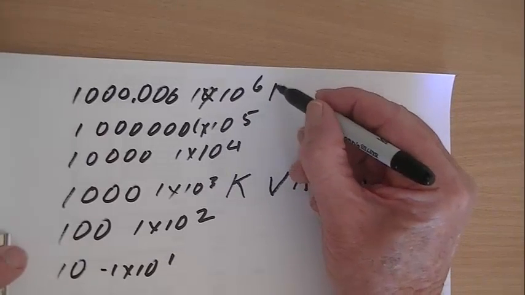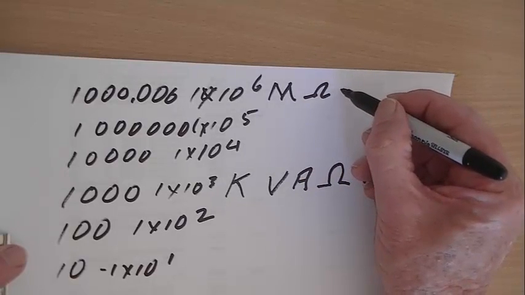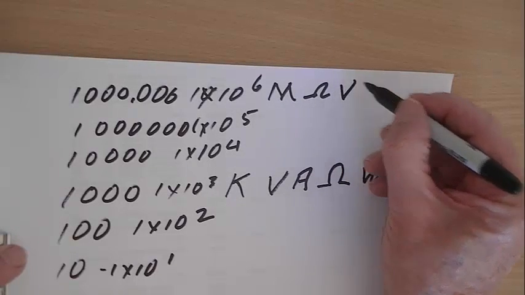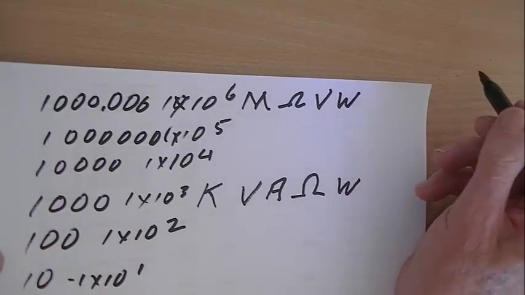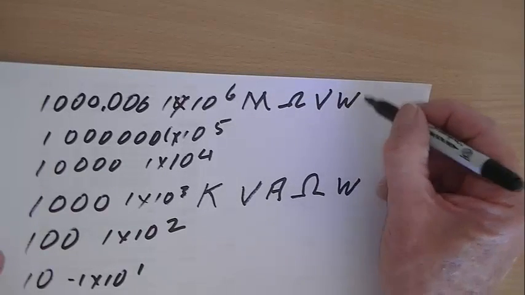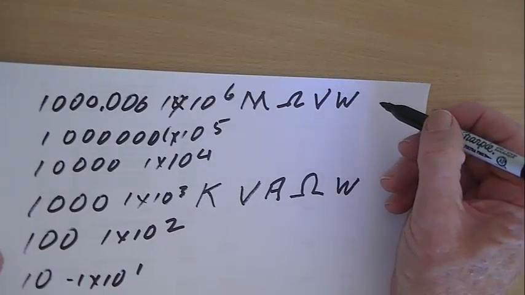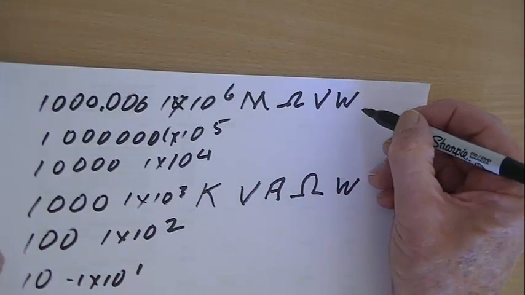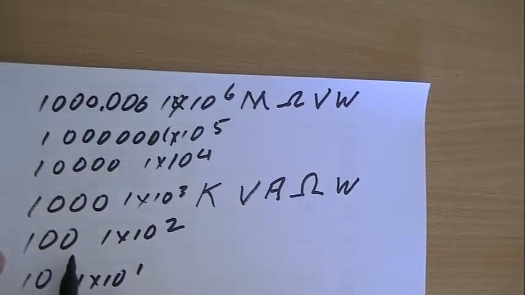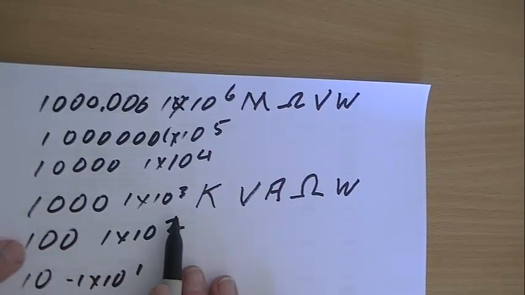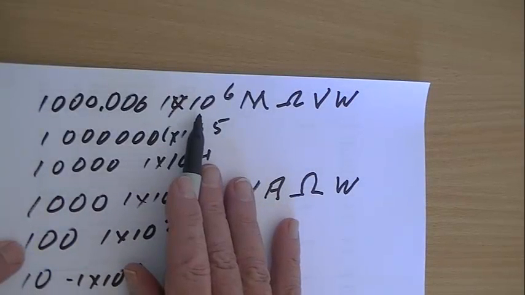Its symbol is mega, big M, and we're always talking in mega ohms, very rarely in megavolts unless you're in some specific industries. Megawatts we don't use very often, but in my old industry driving power stations we had 100, 200, 300 megawatt generators which I used to run, and that's about it. So we go from 1 to 10 to 100, then we go to kilos, then we go to millions, which is mega.